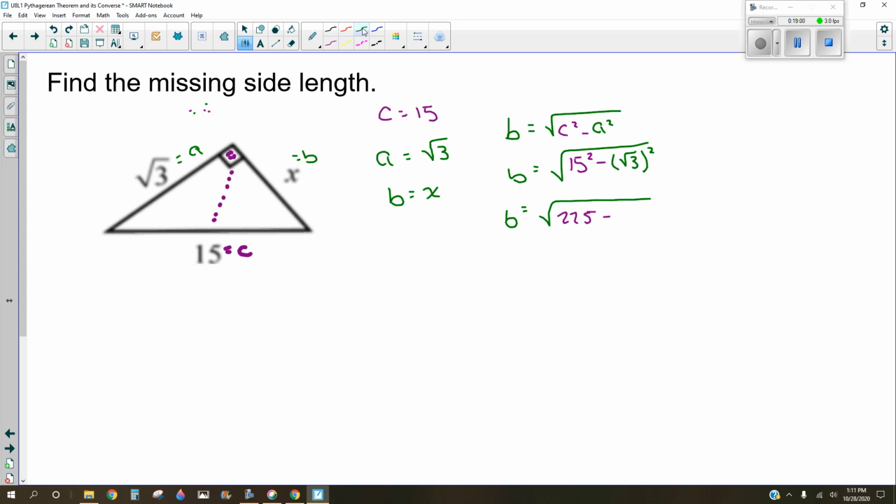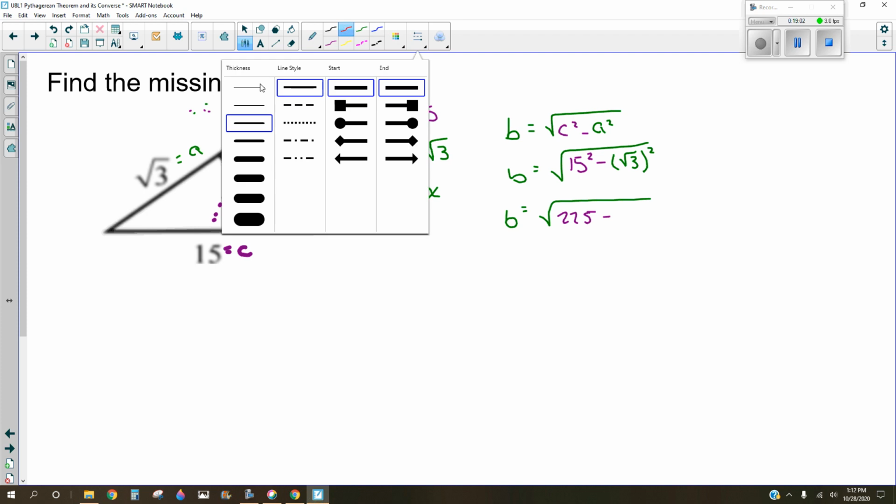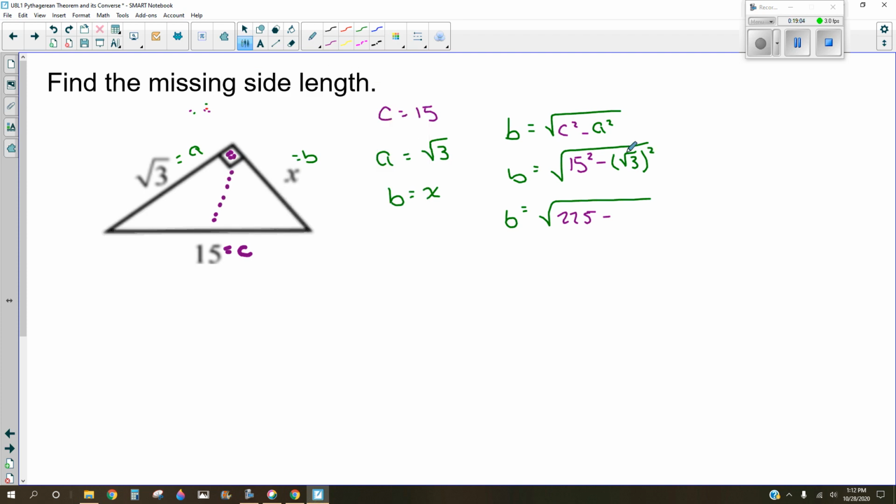Now, we just had the conversation that a square and a square root cancel each other out, so I'm left with just the 3. So I have minus 3, right? Square and square root cancel each other, so I'm left with just the stuff that was underneath. So I write just 3 down.